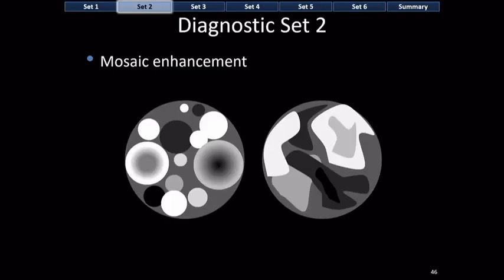They might enhance differently, they might have different diffusion, they might have different fat content, and same thing for these compartments. Very importantly, notice that these inner nodules and these inner compartments are distributed randomly. There's no rhyme or reason for why some of the nodules are smaller and larger and where exactly they're located. So when you see random intranodular nodularity and compartmentalization, think Mosaic enhancement.